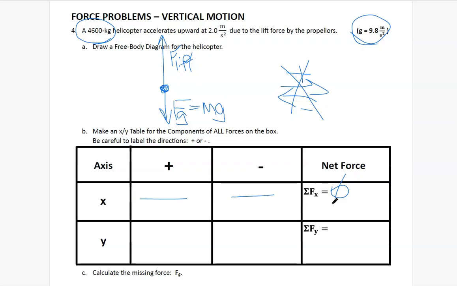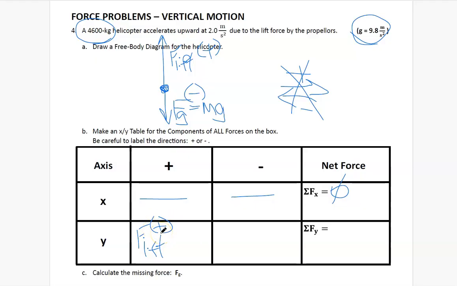Our vertical forces, we have a positive direction lift force and we have a negative direction weight force. So we put those in. We have our lift force in the positive direction. And I like to put a little positive sign.